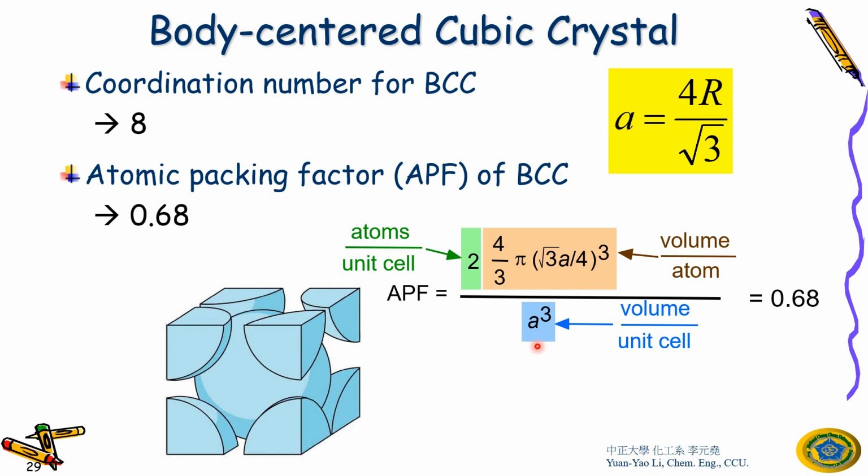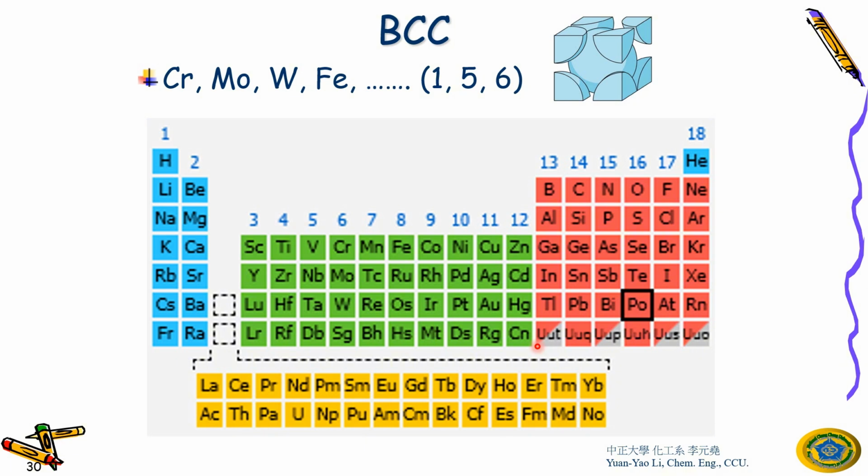So it's 0.68. So what kind of materials has this BCC structure? The chromium, moly, and tungsten, which are mainly in the periodic table like this.